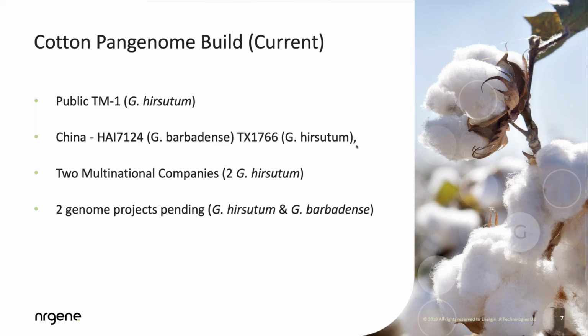So I think you see there you have the potential of 5 to 6 genomes in place, which based on an all-to-all comparison will create a virtual pangenome that really is powerful in the cotton community.